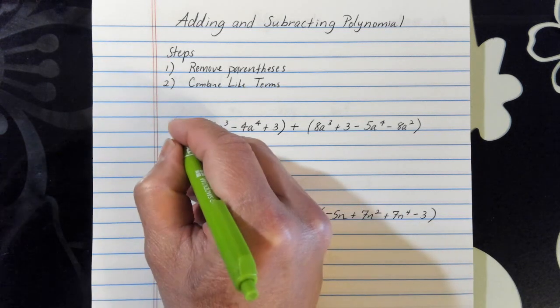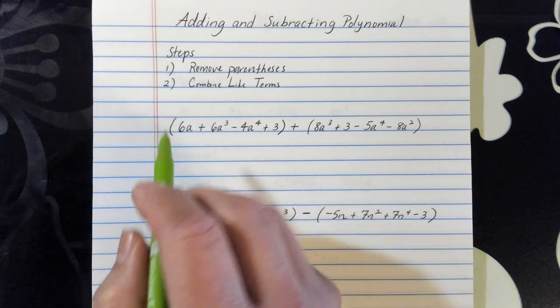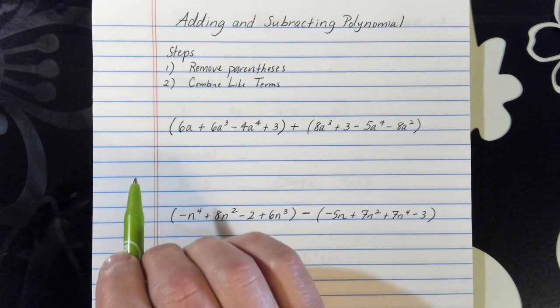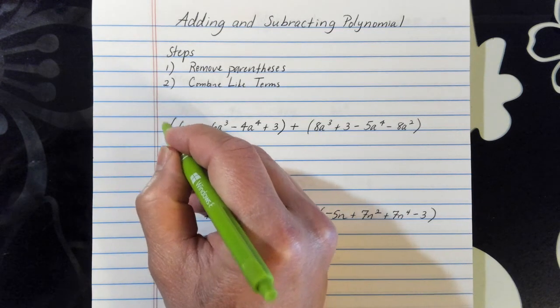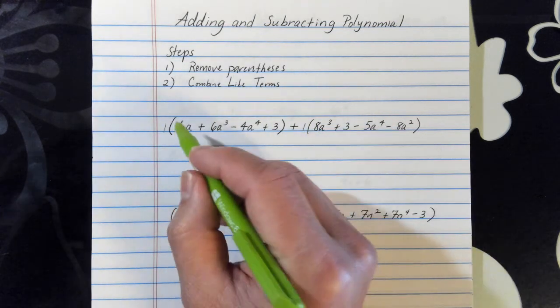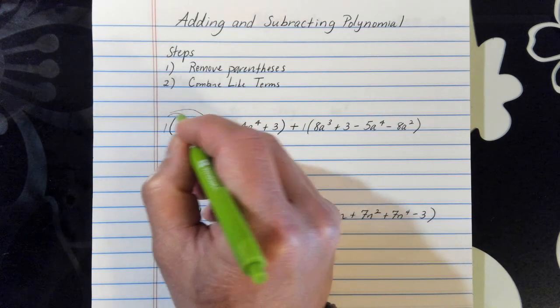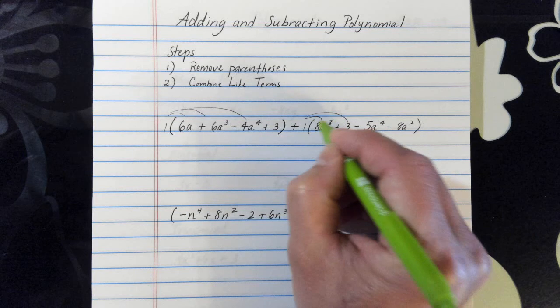If you do not see a number in front of the parentheses to distribute, it's a 1. Distribute to remove the parentheses.